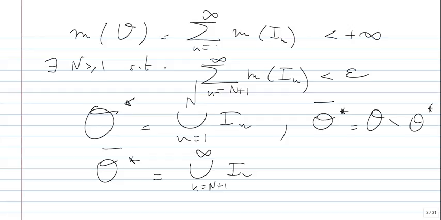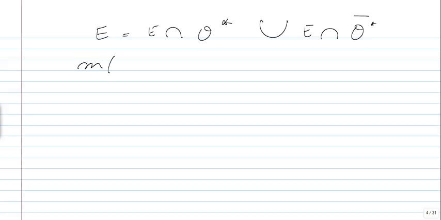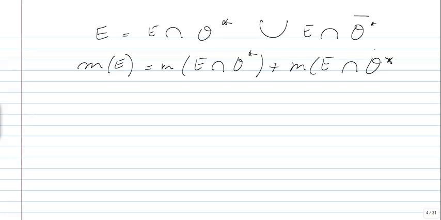Now what do we have? We have E, which is a subset of O. So E is E intersect O star union E intersect its complement in O. The measure of E is going to be the measure of E intersect O star plus the measure of E intersect O star bar.